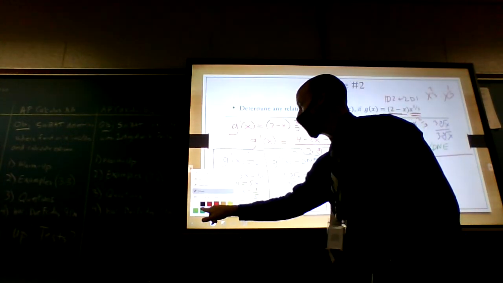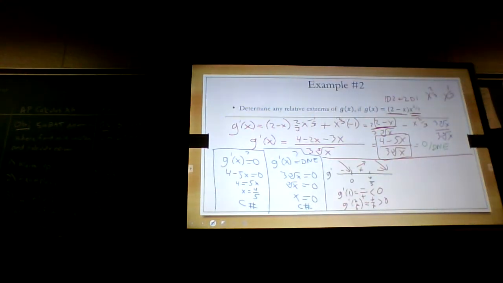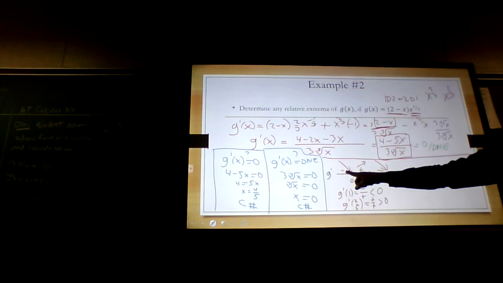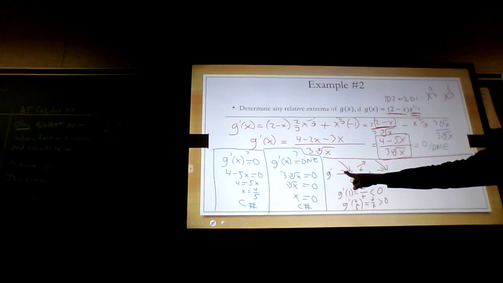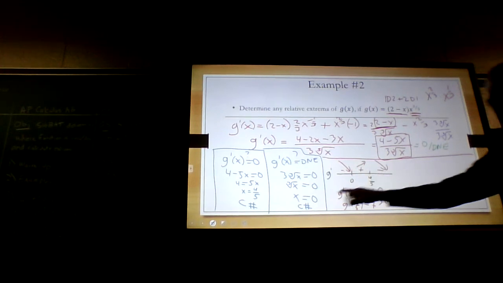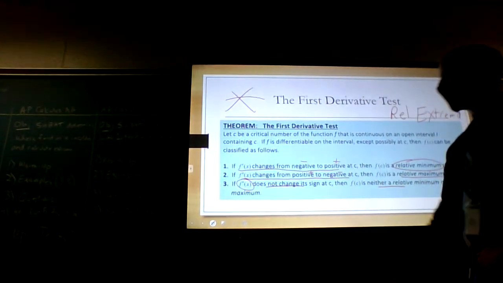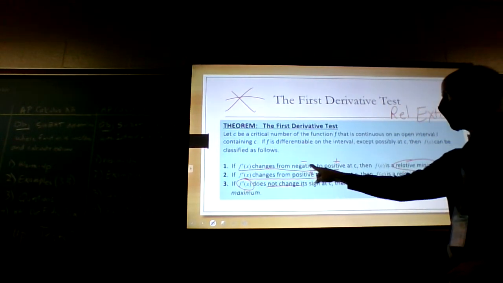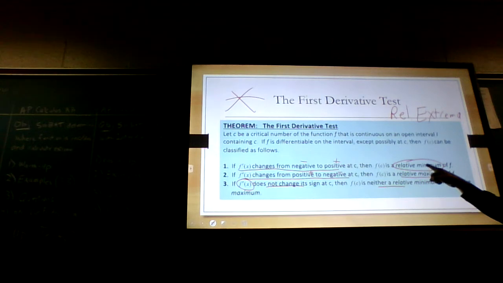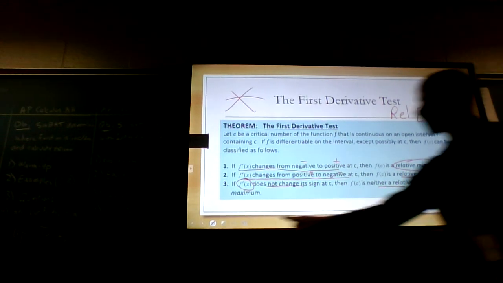Now, I'm not going to write anything just yet. I want you guys to look. What happened to G prime here to here? It went from negative to positive, correct? If G prime changes from negative to positive, it's a relative min.